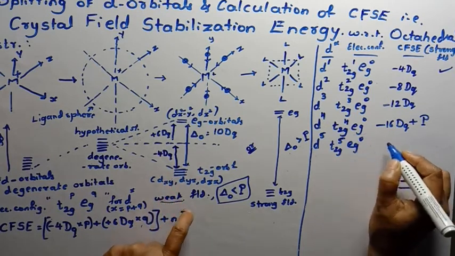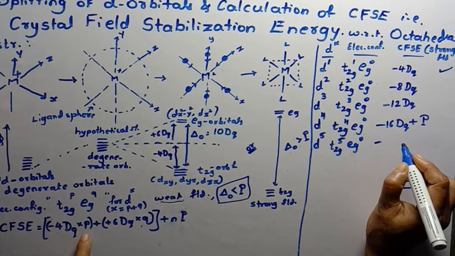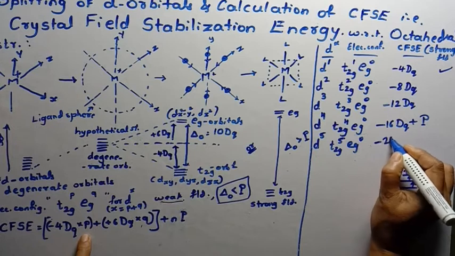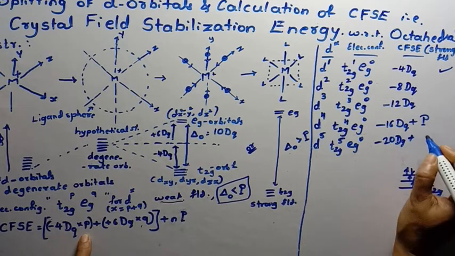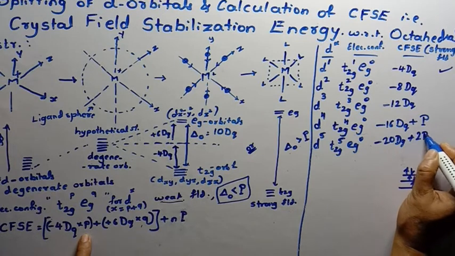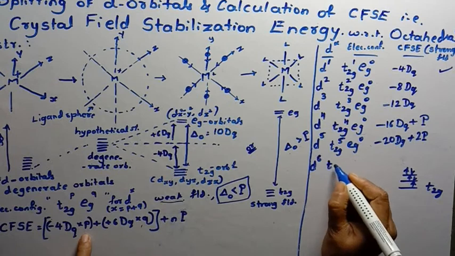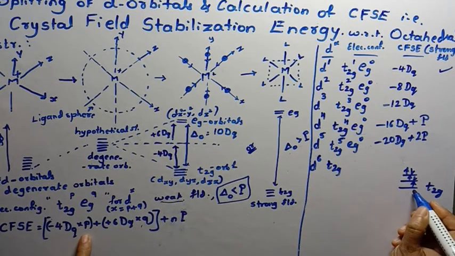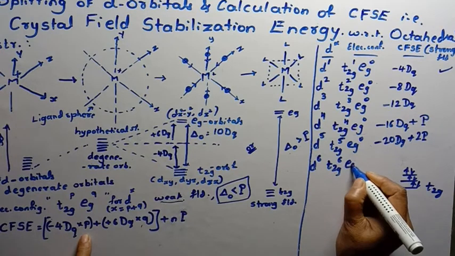Five electrons into minus 4 Dq gives minus 20 Dq, plus 2 pairs, since two of them are paired. Therefore, I have to show it like this. Now the d6 system: in t2g, one more electron can pair up. So d6, and eg is 0.